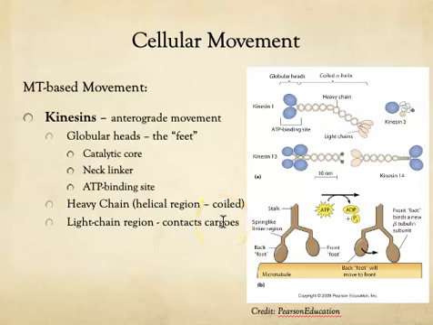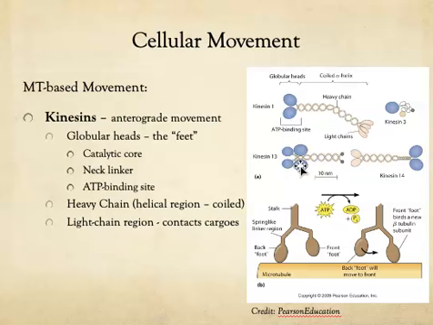So in a kinesin, remember what I referred to as sort of the body, that's heavy chain. What I would call the arms, that's light chain. And what I would call feet, those are globular heads because they are globular in their shape. Now, on this diagram, you can see different varieties of kinesins.